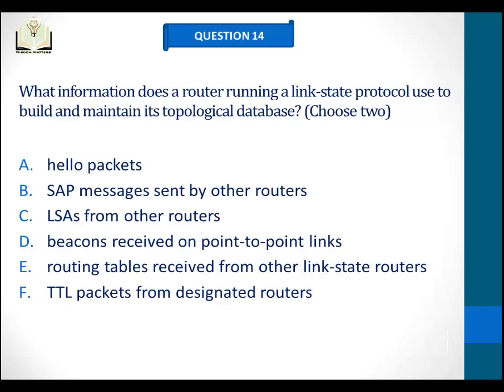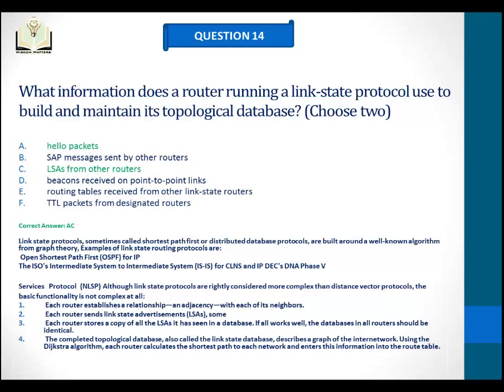A. Hello packets, B. SAP messages sent by other routers, C. LSAs from other routers, D. beacons received on the point-to-point links, E. routing tables received from other link state routers, or F. TTL packets from designated routers. And the answer is A and C, that is hello packets and LSAs from the other routers.